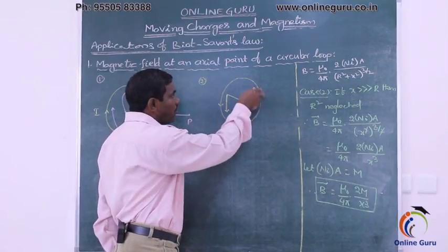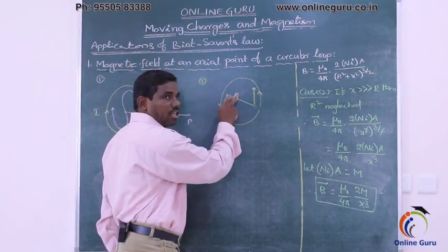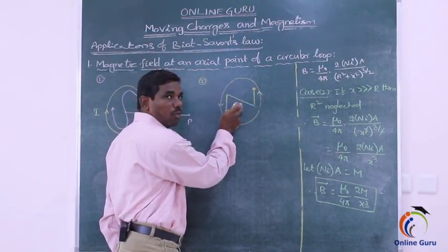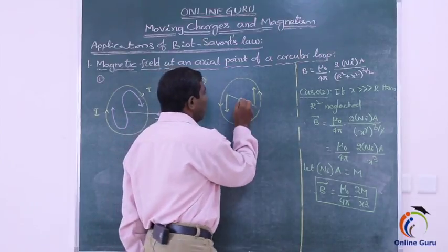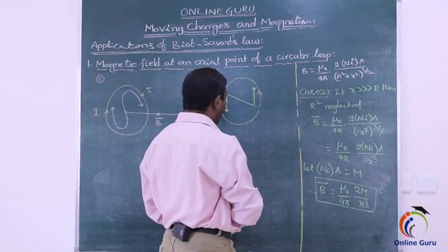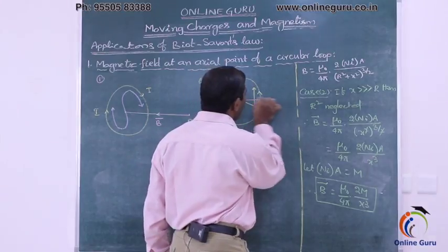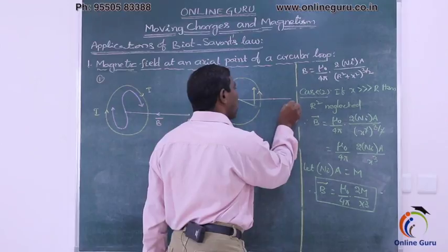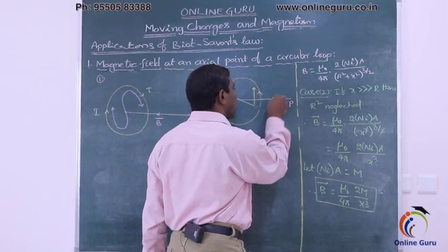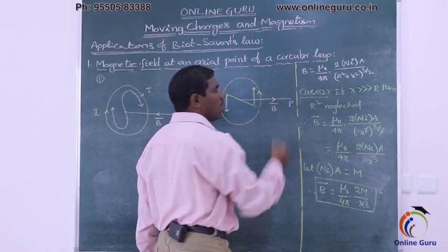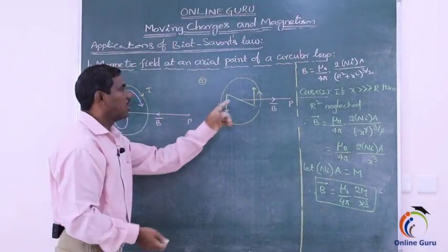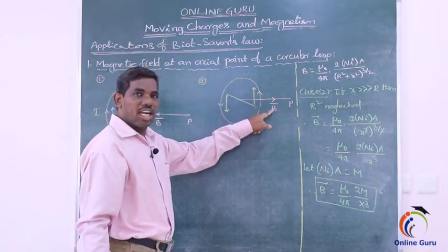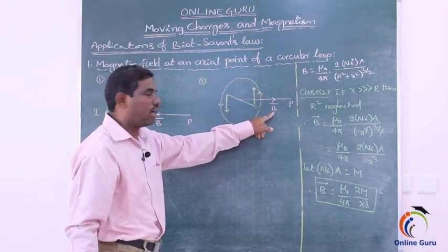That means when a circular loop carries the current in an anticlockwise direction, it acts as a north pole of the magnet. Due to the north pole of the magnet, the magnetic induction at a point P acts radially outward.